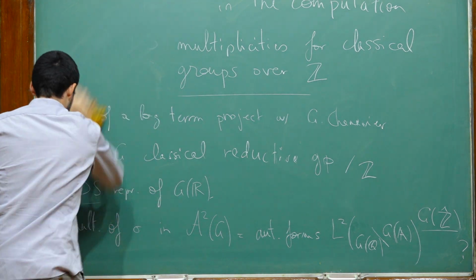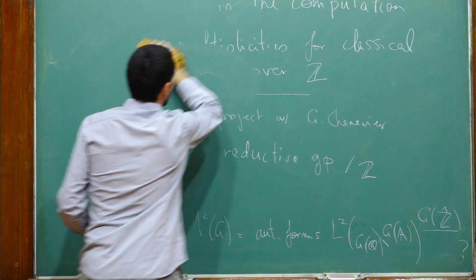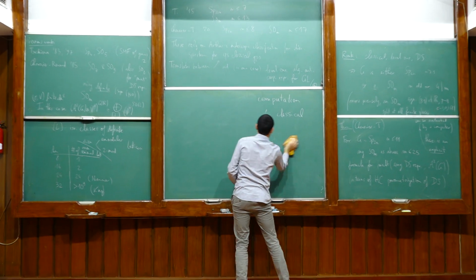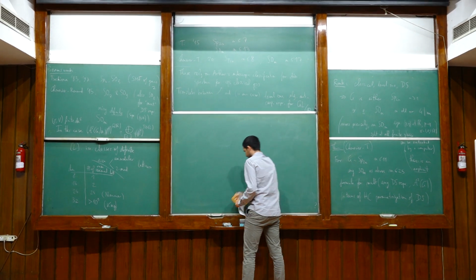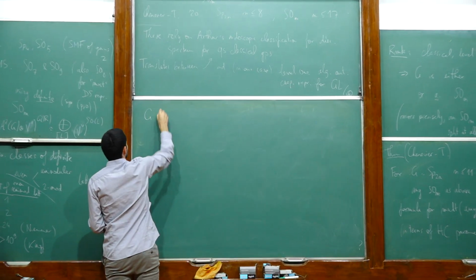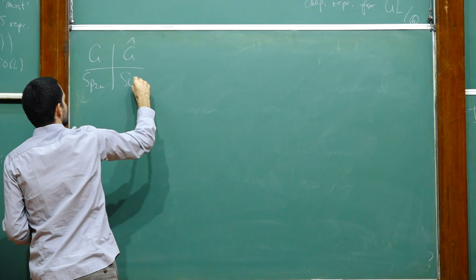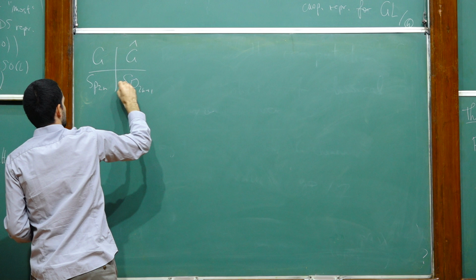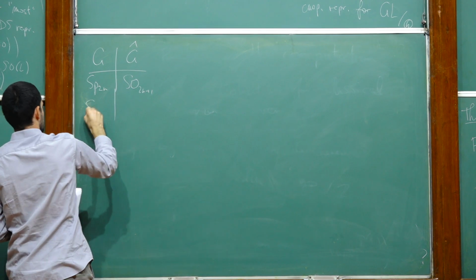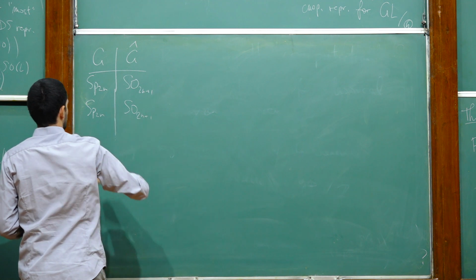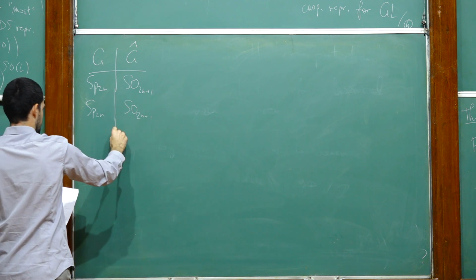And just very quickly, the reason for that is because of the nice shape of these groups. Let me remind you of these Langlands dual groups. Types B and C swapped.